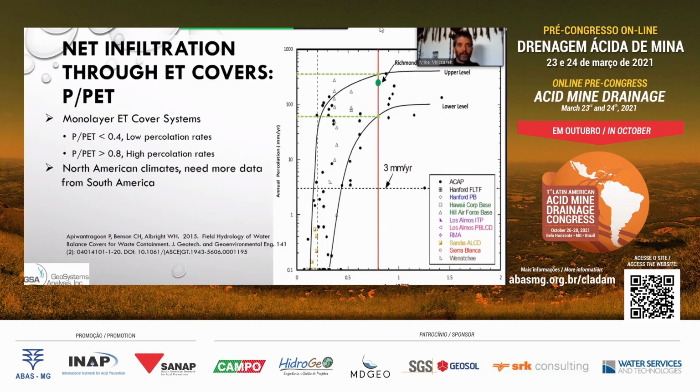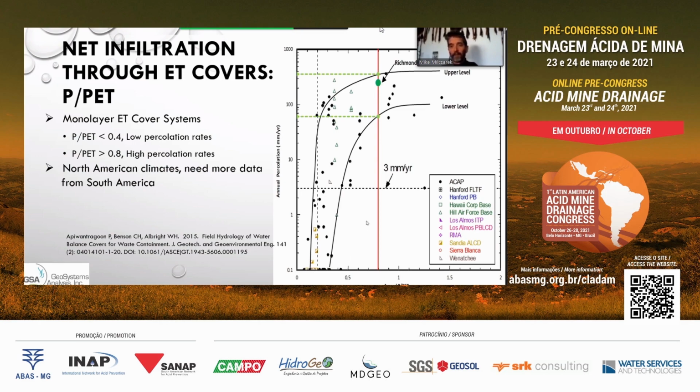Now, this is a graph that we looked at when we did this study with Barrick as well. We looked at what is called the precipitation to potential evapotranspiration ratio. This is a study that was done looking primarily at landfills in the United States, which had installed ET cover type systems.